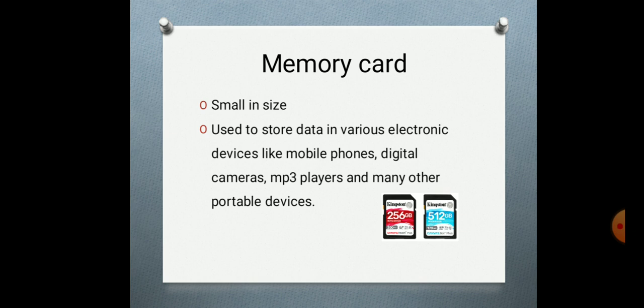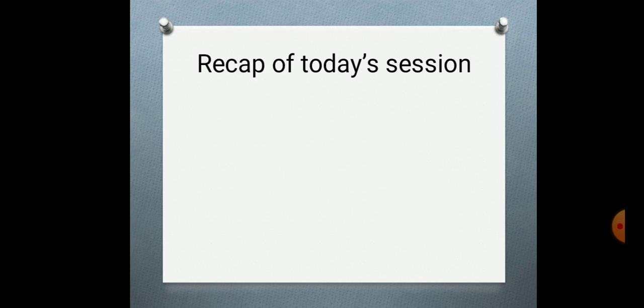Yes, hope you all understand, children. Let us recap once. Today we started with secondary storage devices. We have seen the names of the secondary storage devices: auxiliary memory, external memory, or backup memory. It is used to store the data permanently.